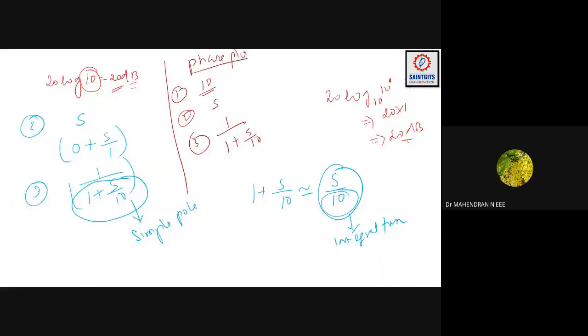The next term is s, which can be written as 0 plus s by 1. Here we have to do an approximation, 1 by T, and since it should be multiplied by 10, 10 by T and 1 by T. This is the assumption we are making.